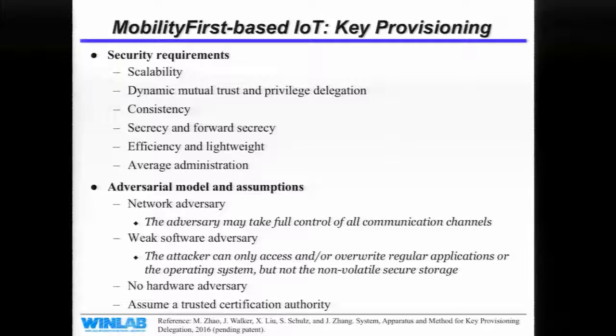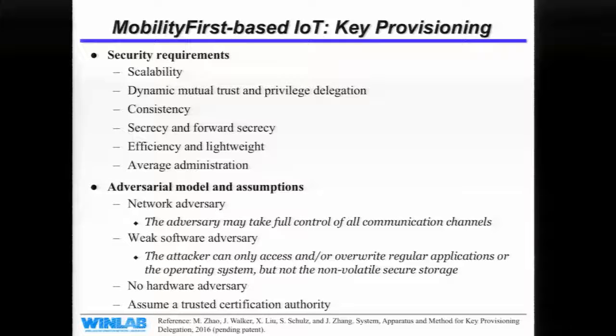Those challenges lead to our requirements for this protocol. First, scalability. We would like to support large-scale deployments. Dynamic mutual trust establishment and privilege delegation between the guardian and the parent. Also, we should preserve consistency, which means all the three protocol participants should have a consistent and correct view of this protocol session.